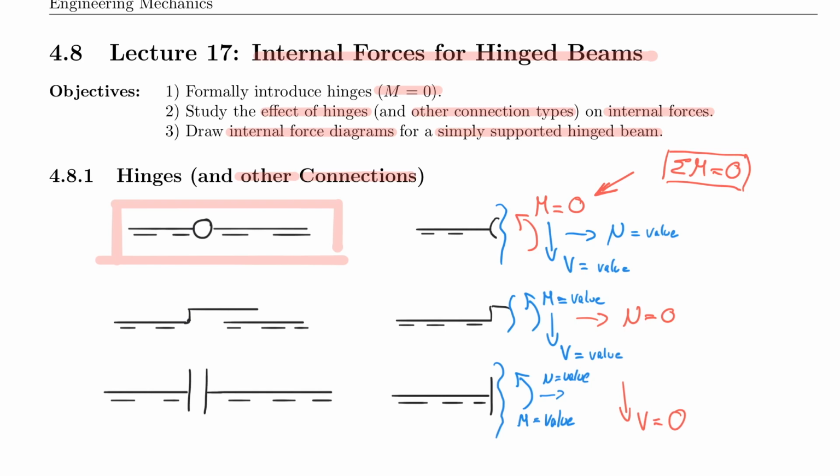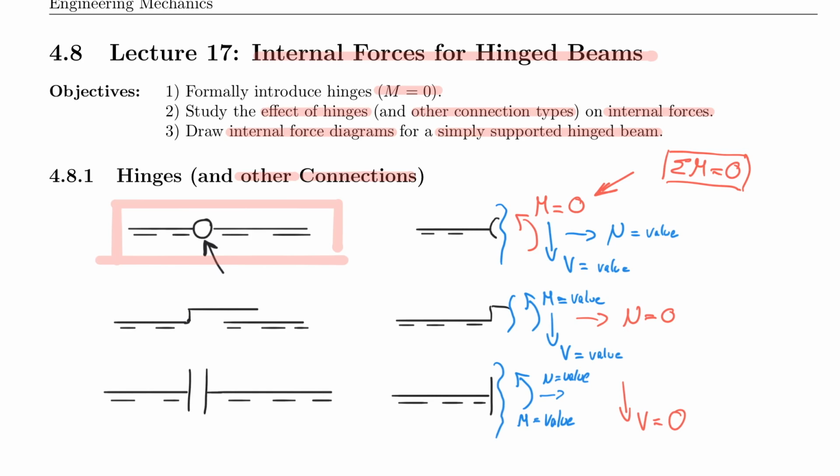That makes it easy for us to look at these systems and immediately draw our line through that point, because physically it's impossible for a moment to be resisted or created there. That hinge physically allows rotation, and if a rotation is allowed, then the moment cannot be created. Therefore, it's equal to zero.